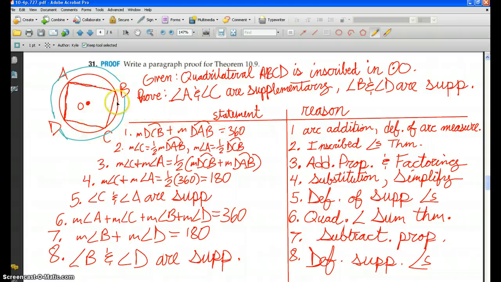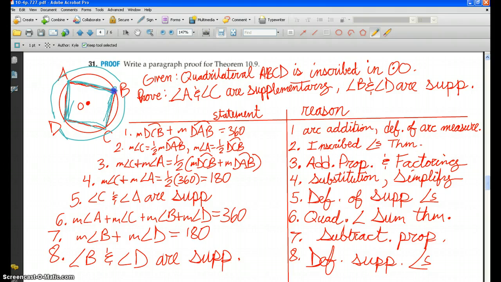Well, DCB is intercepted by this inscribed angle, angle A. Also DAB is intercepted by this inscribed angle.